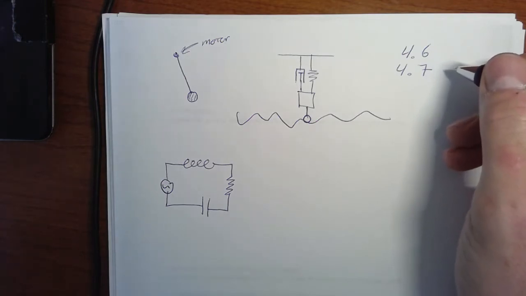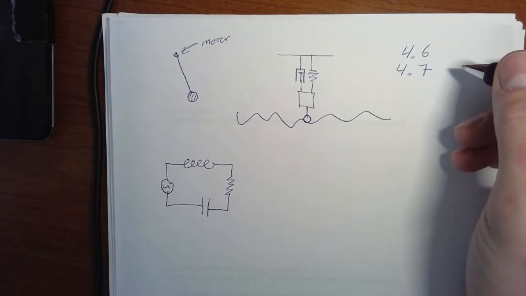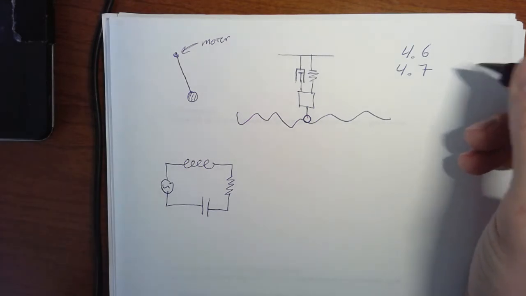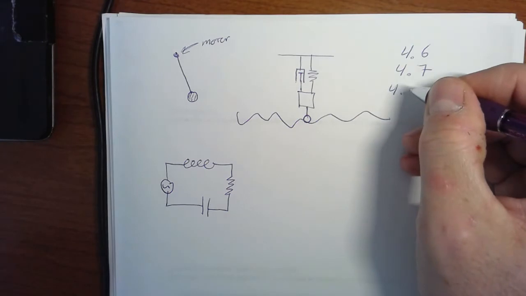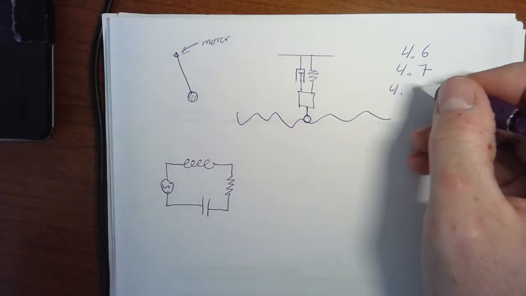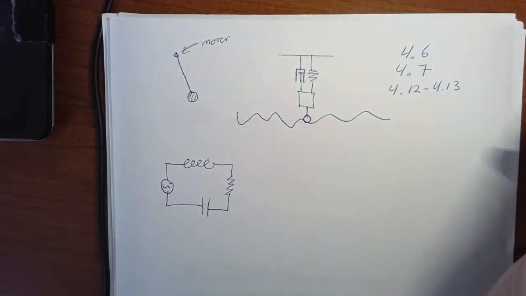4.8, I'm definitely going to skip. Systems of differential equations are super interesting, but we've kind of covered those already. I'm not sure if I'm going to cover them again from a different perspective. And then the Laplace transform, which is something that always gives students trouble, which is 4.12 and 4.13.